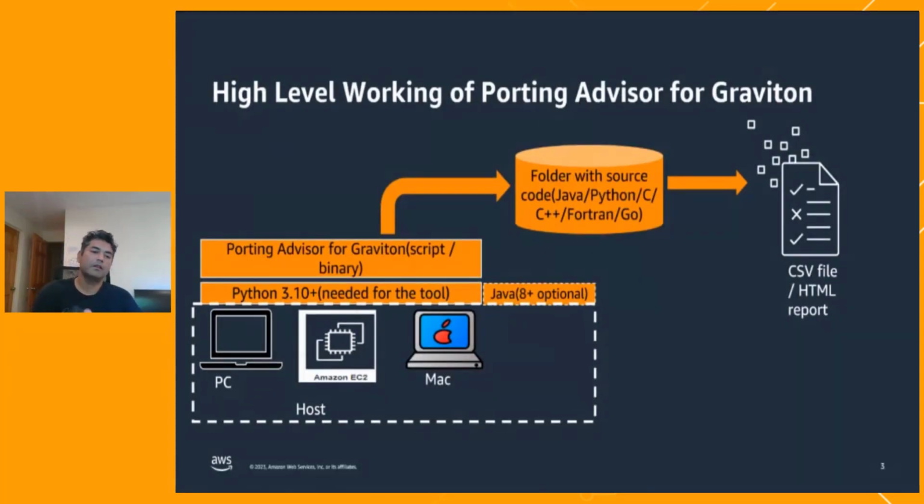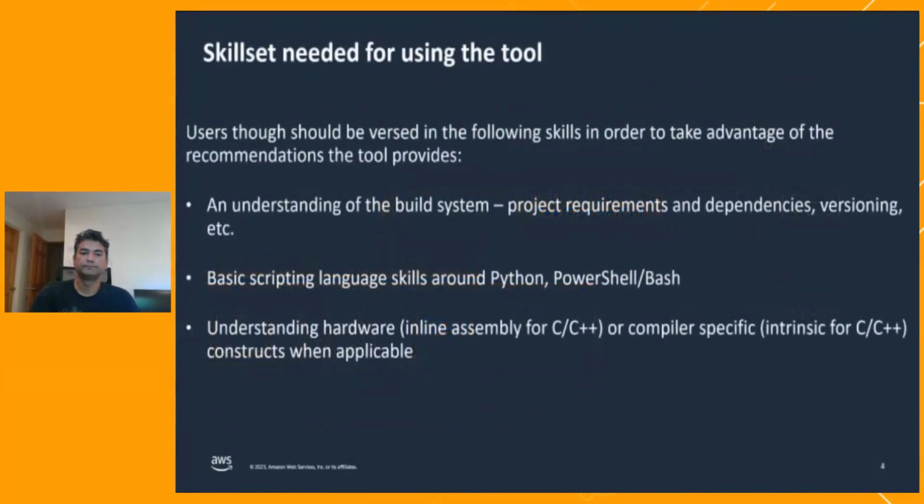Once you have your environment set up, you would run the tool and provide an option whether to generate a CSV file or an HTML output. If you don't do that, it just spits out output on the terminal. As you can see, it's a pretty simple tool to use.